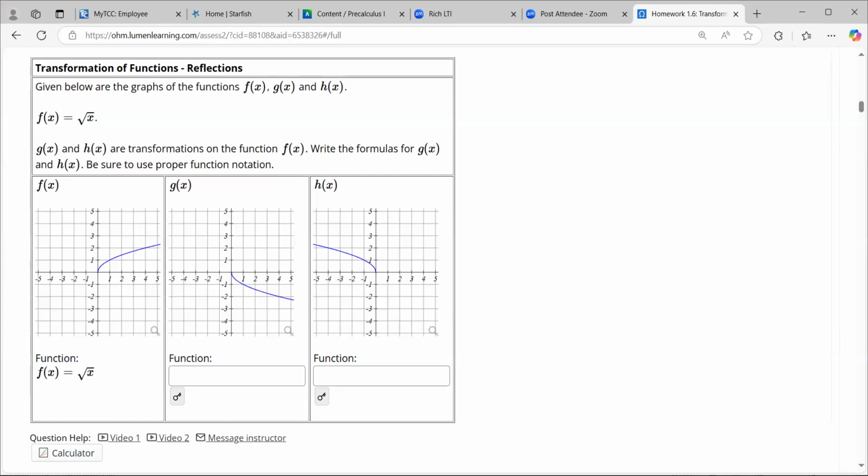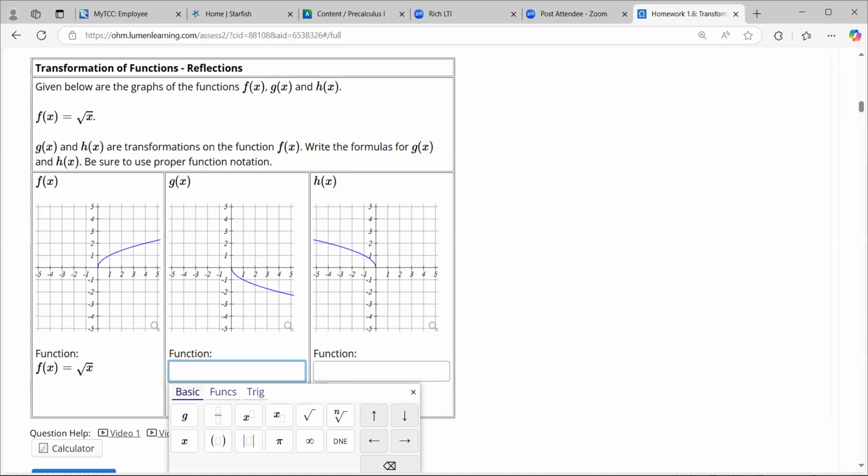What's the change? So it seems like the graph is flipped, reflected over the x-axis, right? Yeah, the graph is flipped over the x-axis. What kind of transformation will make that happen?